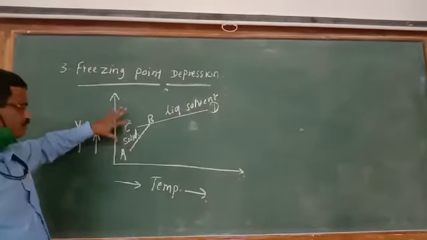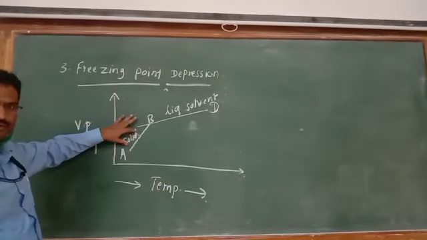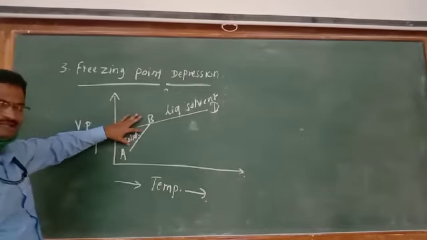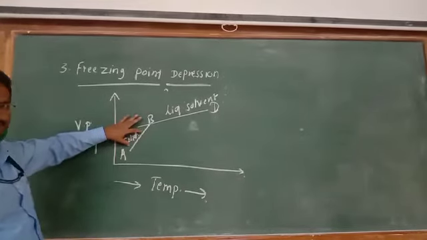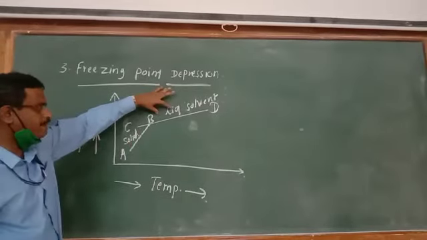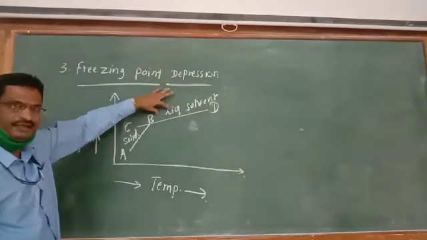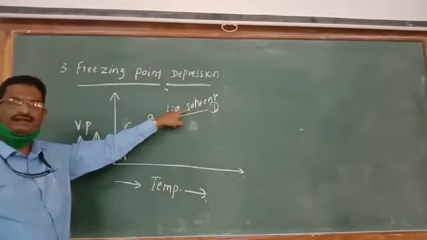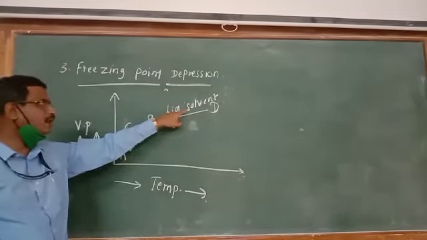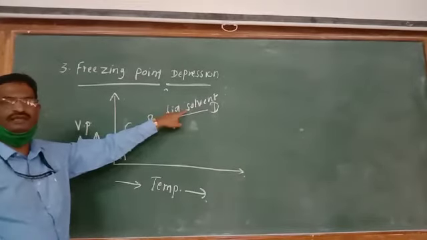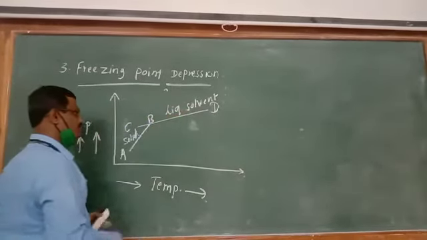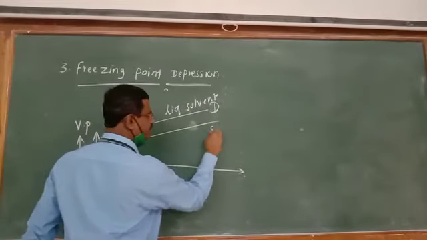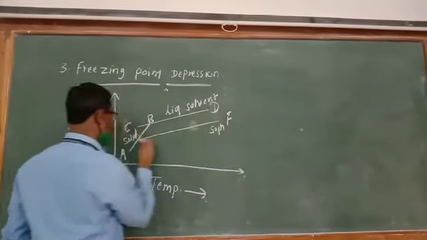Now, from these two graphs, you will easily come to know that the vapor pressure of the solid phase is minimum. It is less as compared with the vapor pressure of the liquid phase. And the vapor pressure of solvent at any temperature is always greater as compared with the vapor pressure of a solution. So this is the vapor pressure temperature curve for a solution, EF.